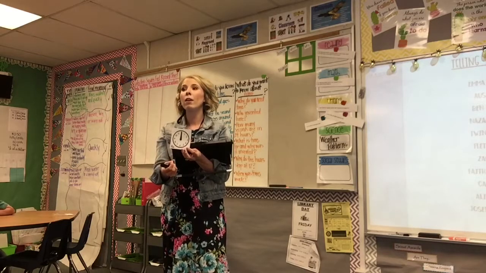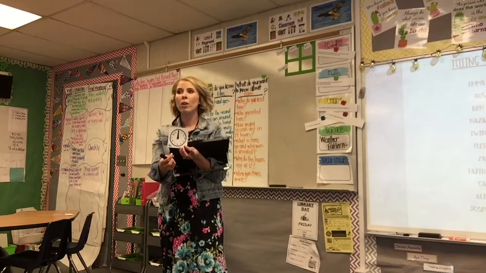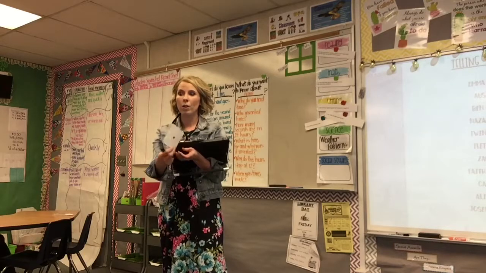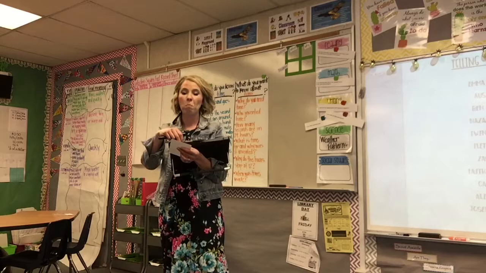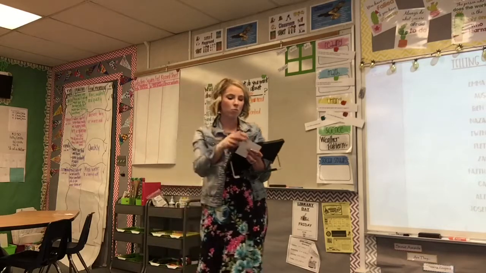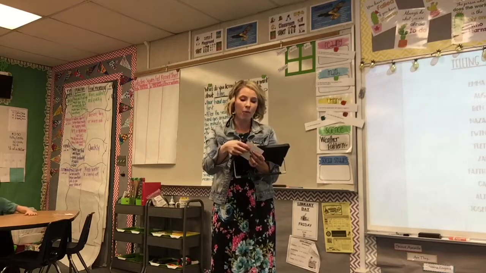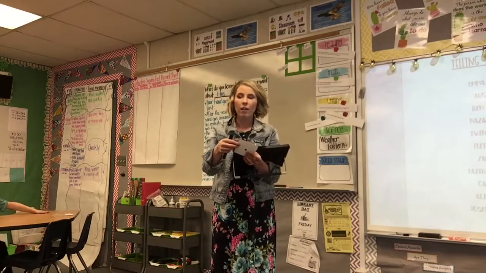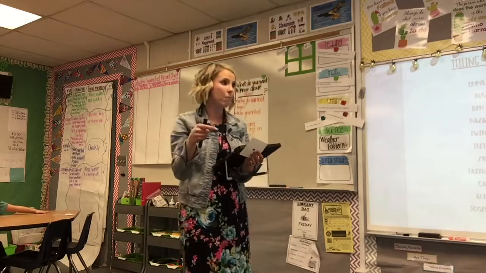Because every 10 minutes, the hour hand will move one tick mark. Nice observation. We're going to talk a little bit more about the effect that the minute hand has on the hour hand in just a minute.